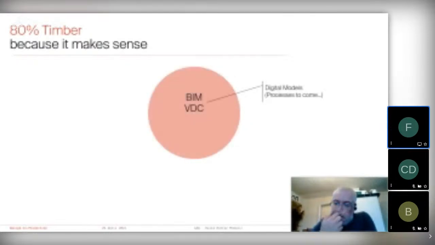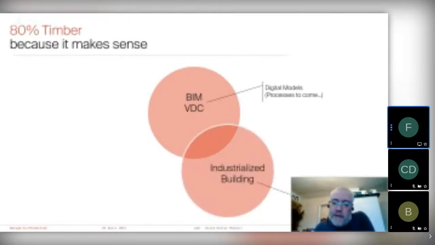We have BIM and VDC. Everybody talks about digital models. Everybody talks about more industrialized building and getting more performance into the building process as such by exploiting principles like lean prefabrication, mass customization, and having proper quality management going on.